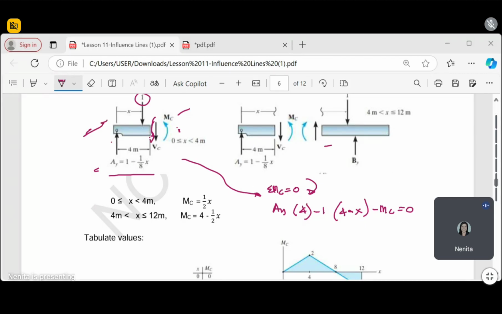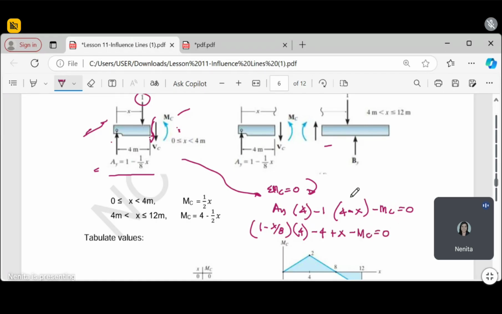Okay, so therefore, what is our AY? AY is 1 minus x over 8. That is our AY, times 4, minus 4 plus x minus Mc is equal to 0.